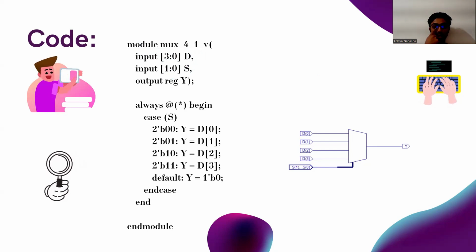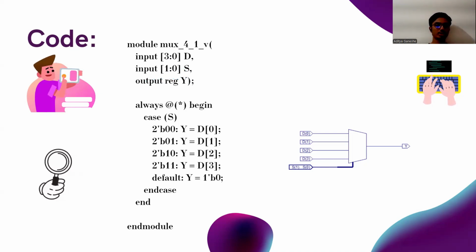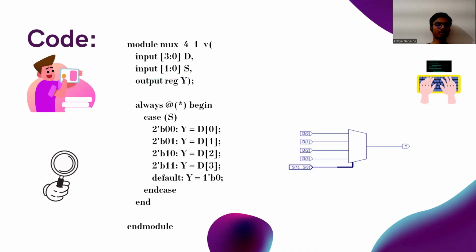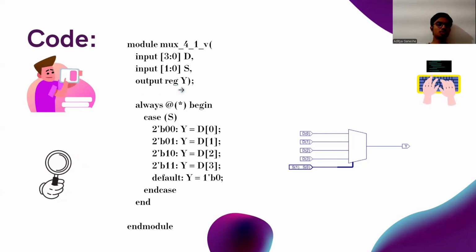Then we have another input, the select lines S, which is [1:0], a 2-bit input vector used to select one of the four inputs. In the output, we have output reg Y, which declares the output Y as a register type, used to hold its value across the simulation cycle.